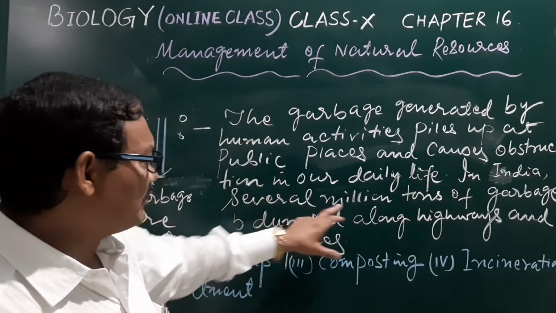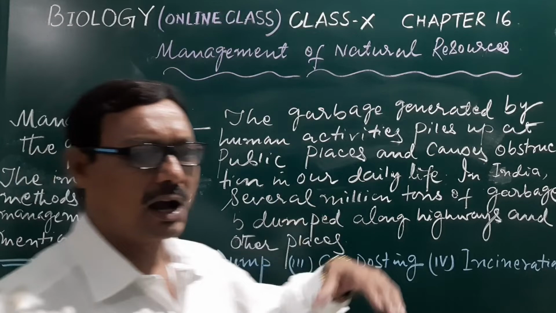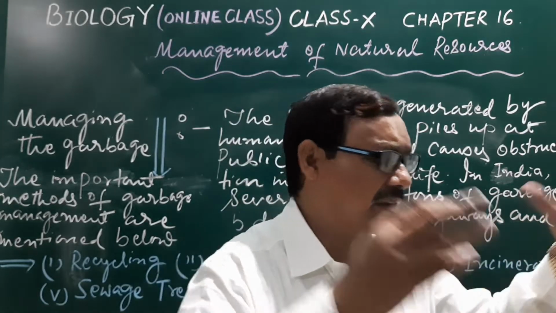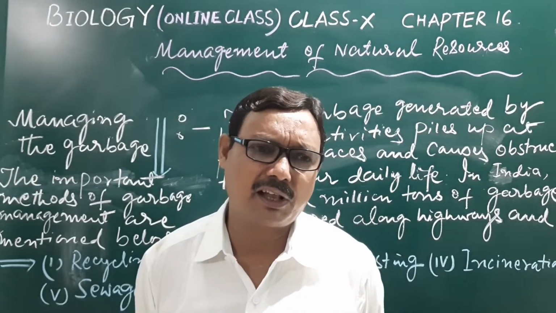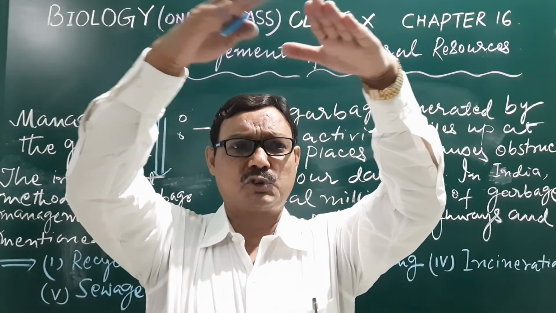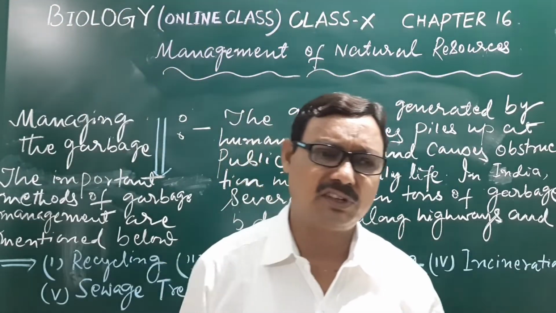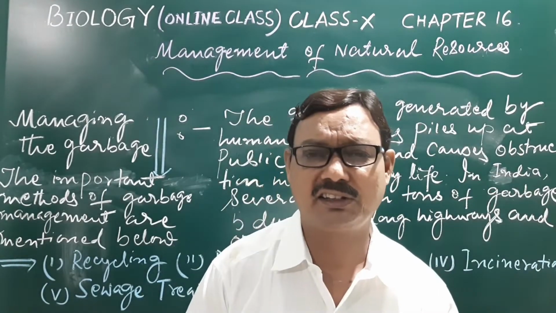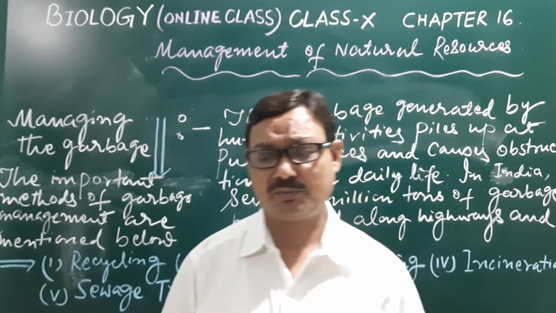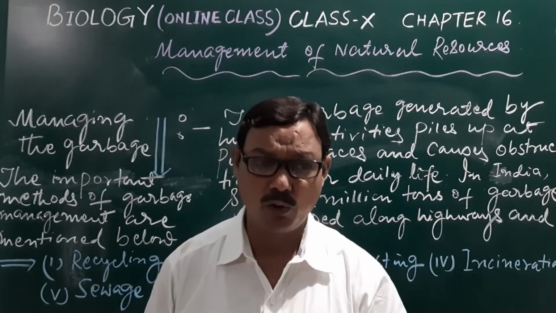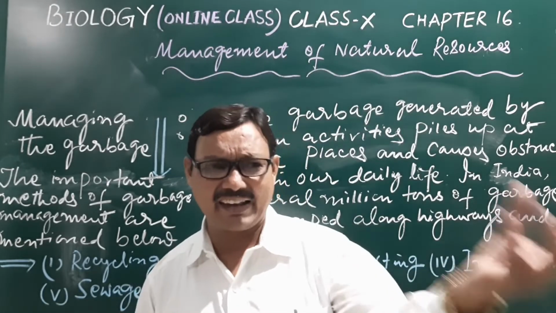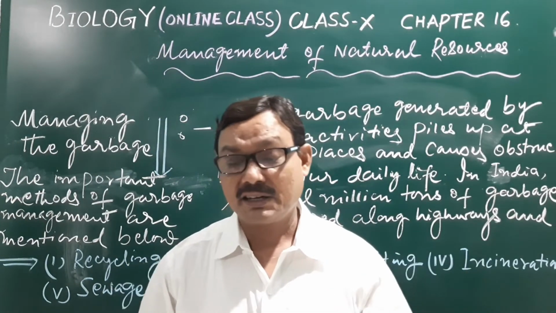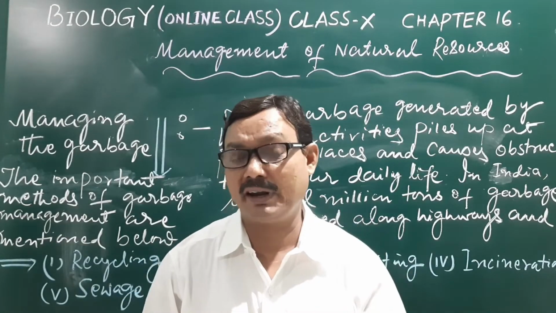In India, several million tons of garbage is dumped along highways. When you are traveling, you see that on the roadside, along the highway, big heaps like small hills form. This garbage accumulates there when waste is dumped there, and when the winds blow fast, the wind may carry that garbage again onto the road surfaces and other places, and that can add to our environment.